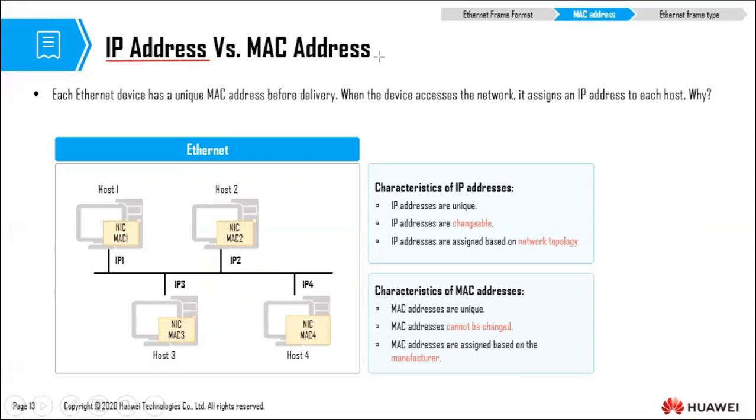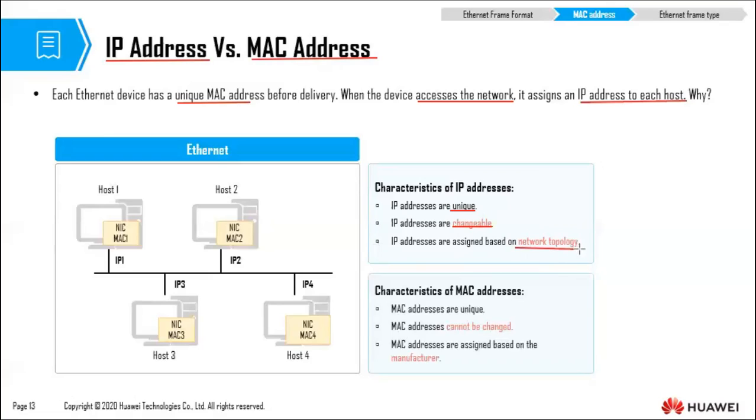These are some of the comparisons between an IP address and a MAC address, which are important for you to understand. On each Ethernet device, you must have a unique MAC address before you're able to send and receive data. And for you to access the network, you must have a unique IP address. Characteristics of IP addresses within a network: can you have two devices with the same IP? No. Can you change an IP address? Yes.